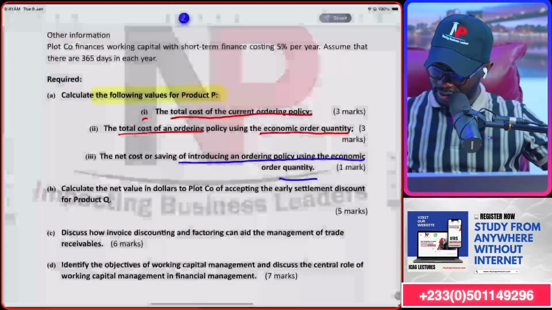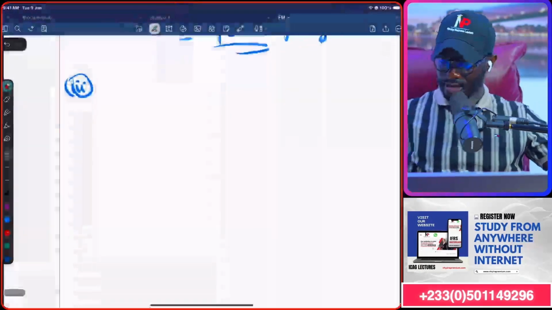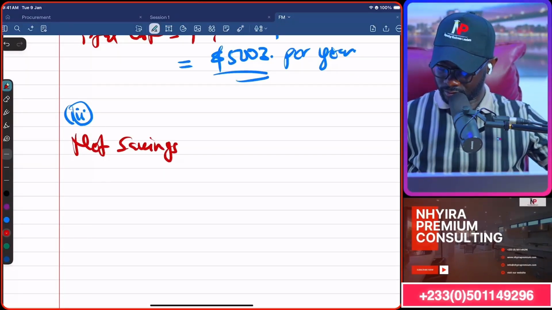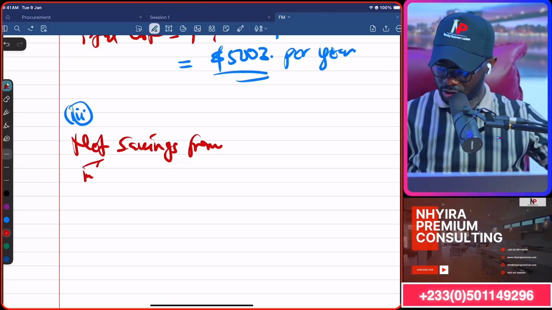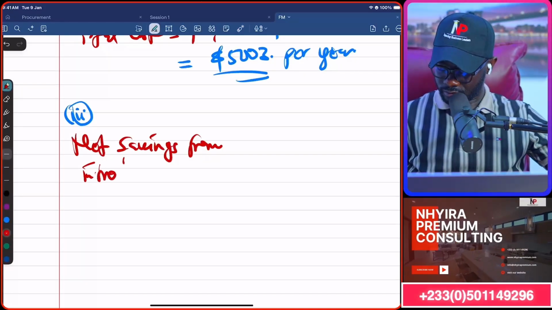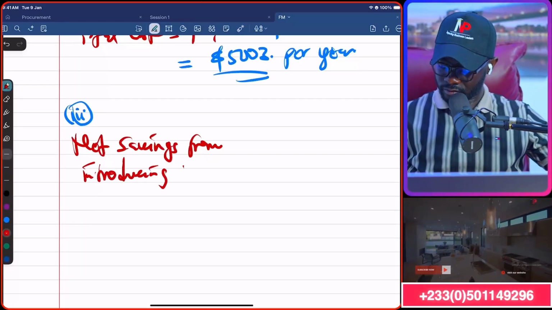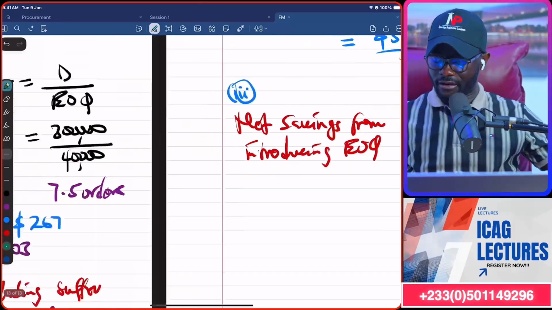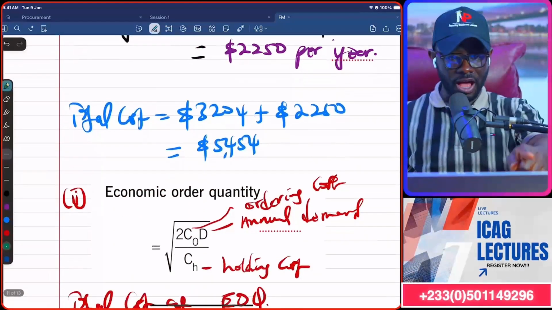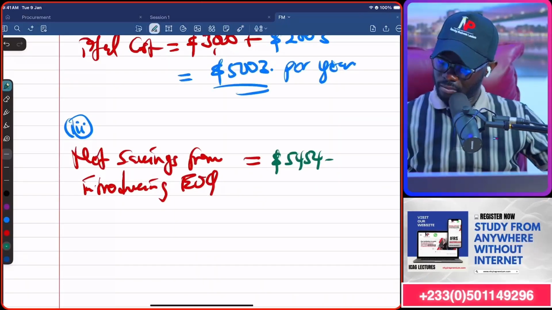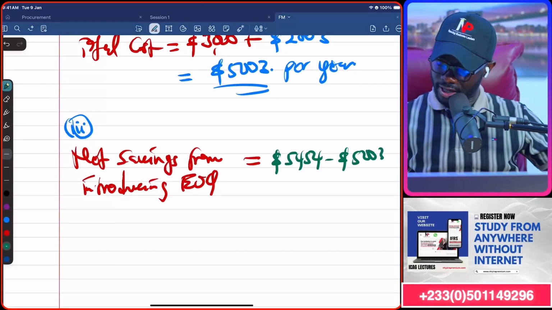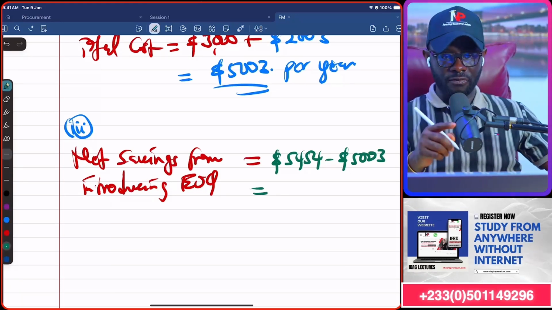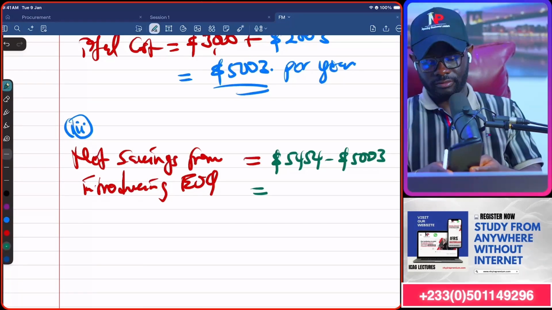So let's see. Net savings from introducing the EOQ as a policy. So it will be our current total cost, which is the 5454 minus 5,003. 5454 minus 5,003.